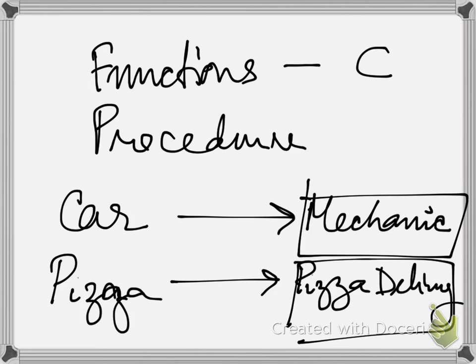So the mechanic can be a method. Similarly, I cannot create the pizza myself, so I call for delivery. The pizza delivery itself can be a method. All I have to do is call these and they will be done.